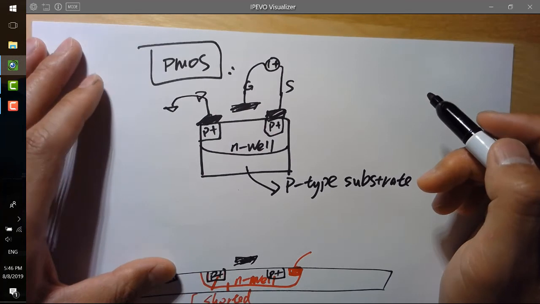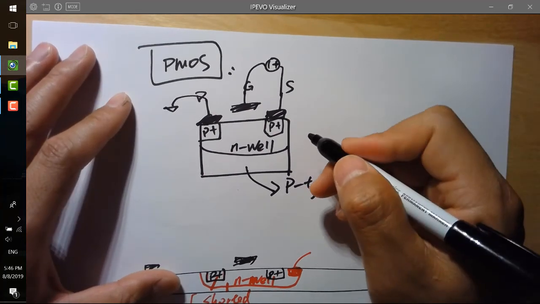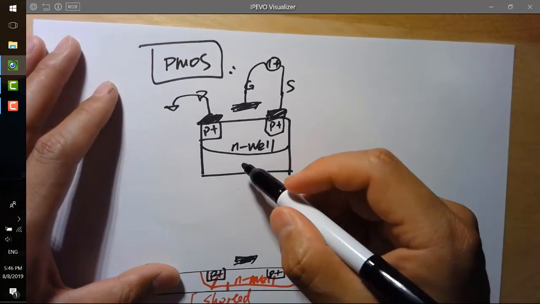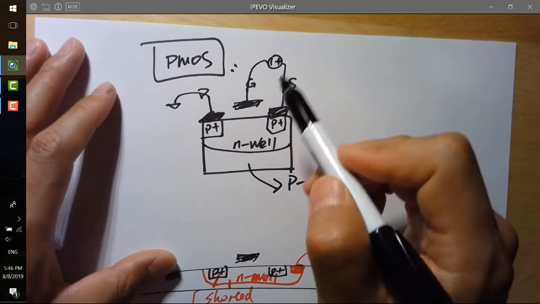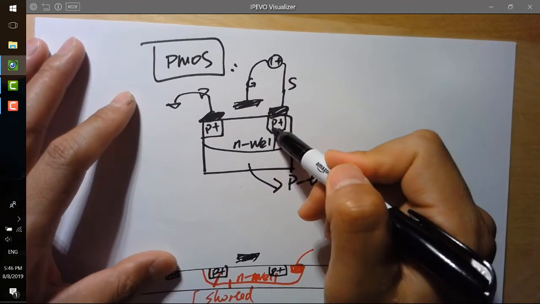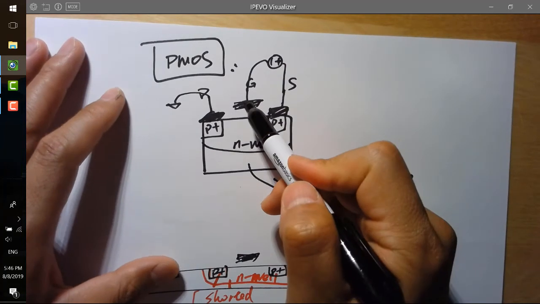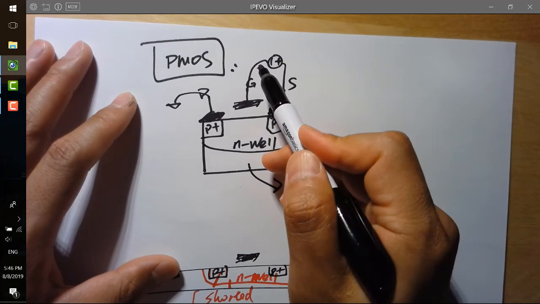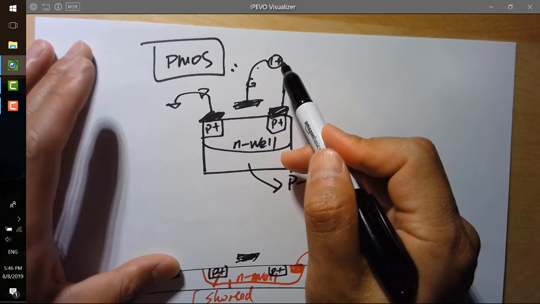Okay, and we have to connect the N well to the highest potential. But let's talk about this later. Don't worry about that. And so now, compared to the source terminal here, the gate is relatively negative. You can see here is connected to the negative part of the voltage source. Here is connected to the positive part of the voltage source.